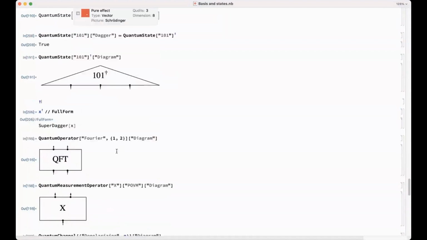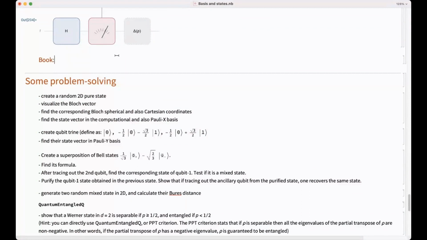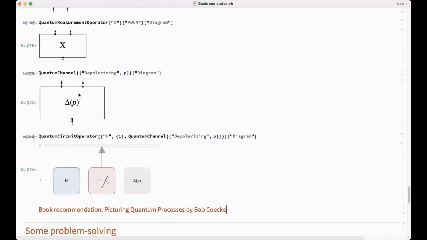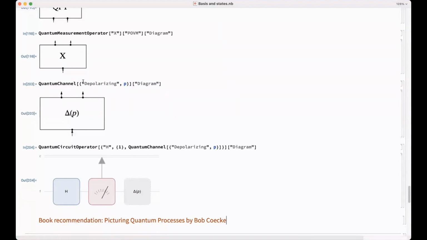It's called Picturing Quantum Processes. That's where you can learn all about the diagrammatic approach, about these boxes and how they compose, and all other related stuff.